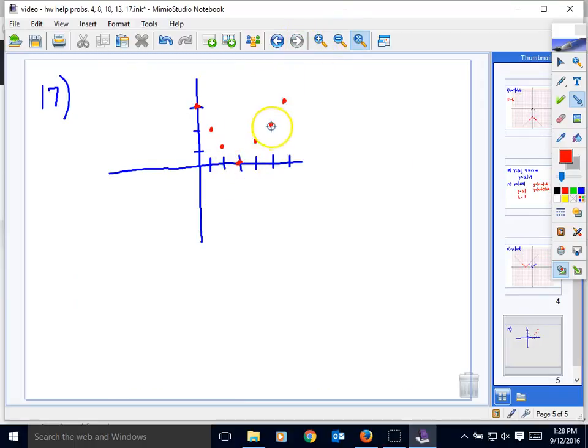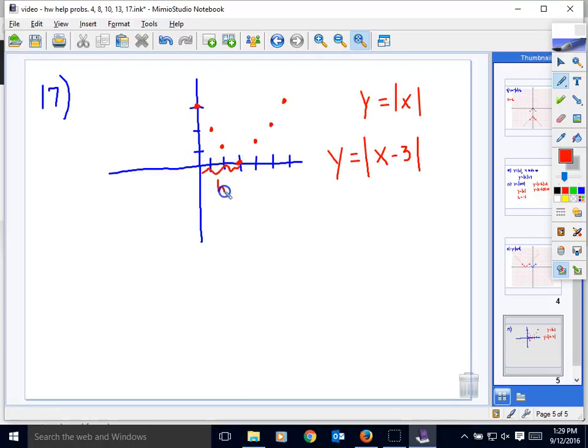I think I got one more. I just sketched, you got a nice looking graph in your book for number 17, but the directions tell us to write an equation for each horizontal translation of y equals the absolute value of x. This is obviously a translation of y equals the absolute value of x, and we went 3 places to the right. So my equation to represent this translation will be y equals the absolute value of x minus 3.